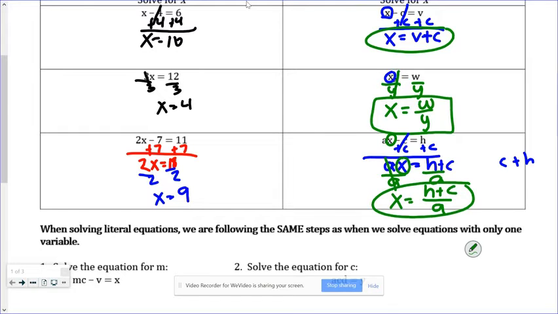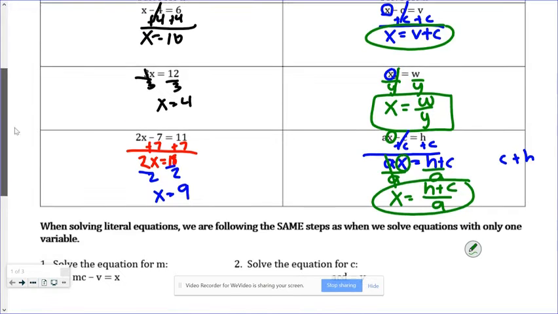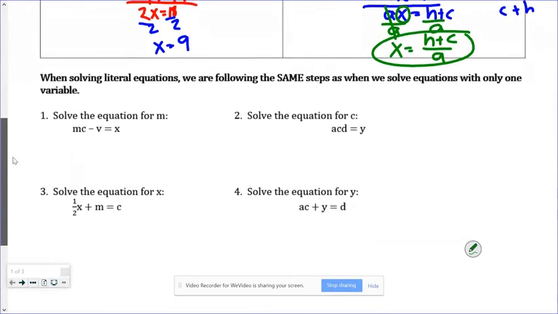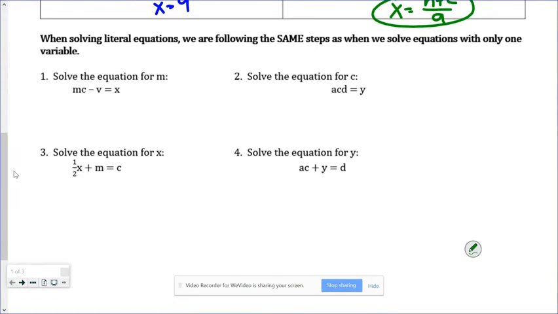All right, let's scroll down here. We have a couple more examples down below. When solving literal equations, we are following the same steps as when we solve equations with just x or just t. So number 1 here, we're solving for m. So I need to move that v over first.